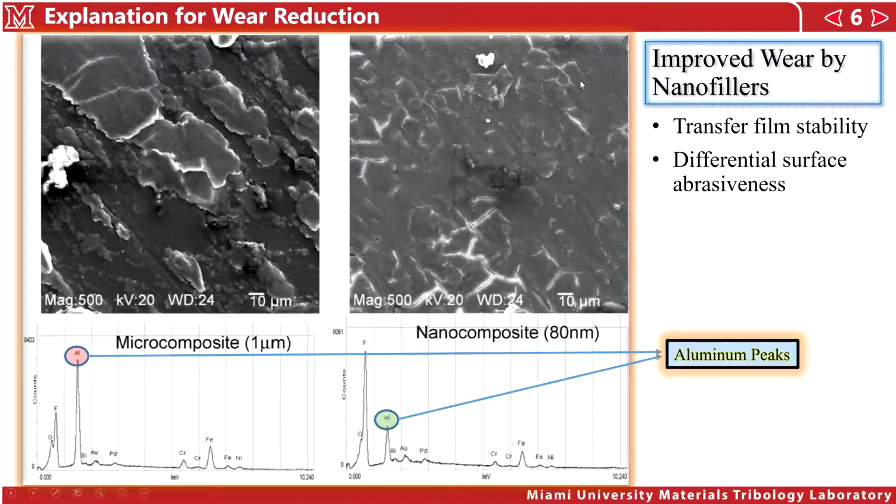So this group is saying that because of this difference in abrasiveness of the composites, nanocomposites are allowing even better stability of the formed transfer films, thus producing smaller wear rates.